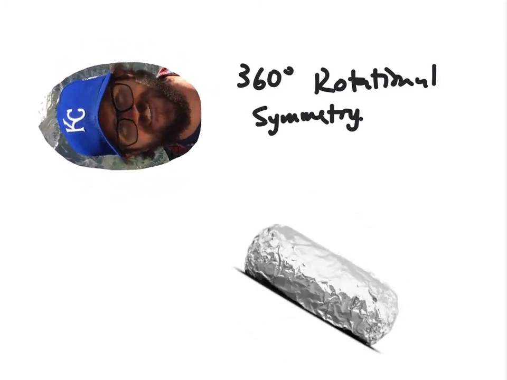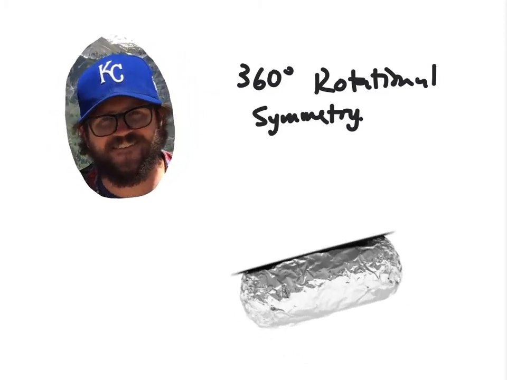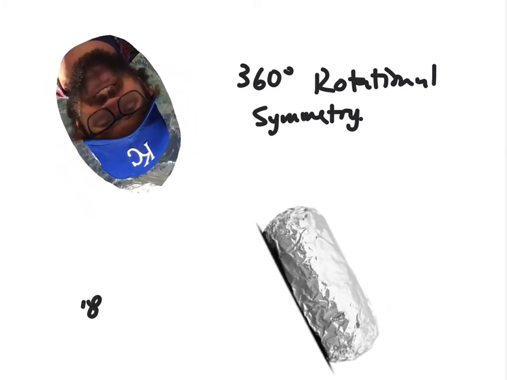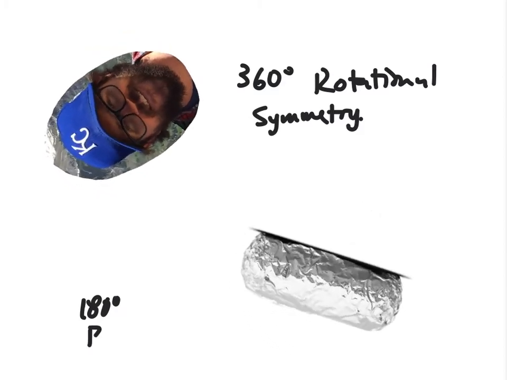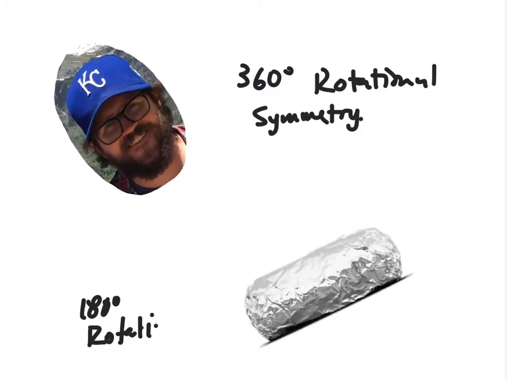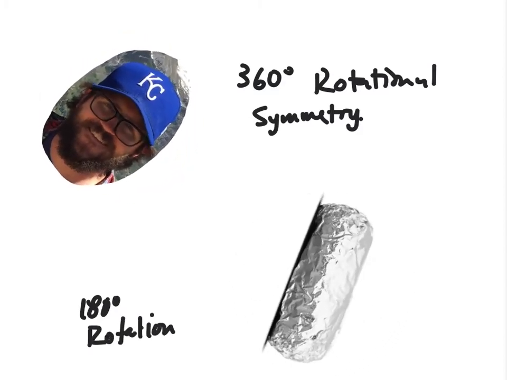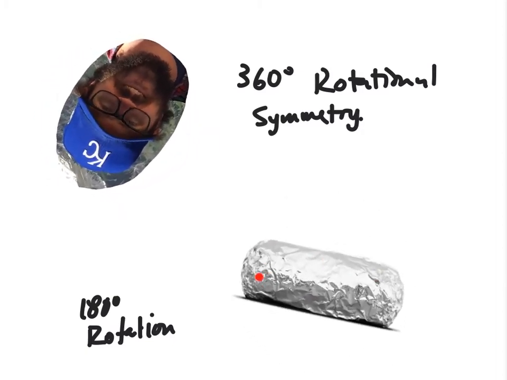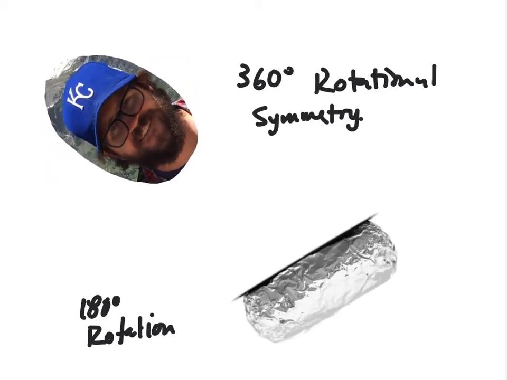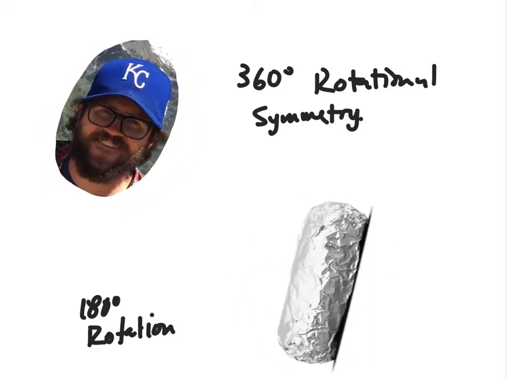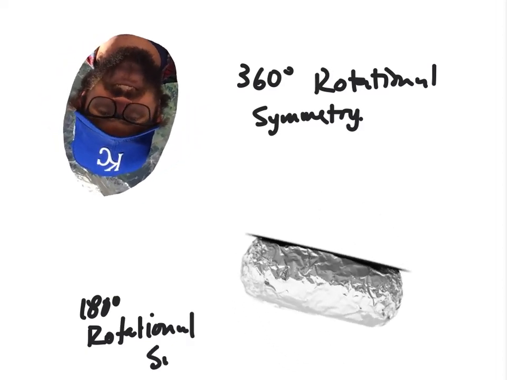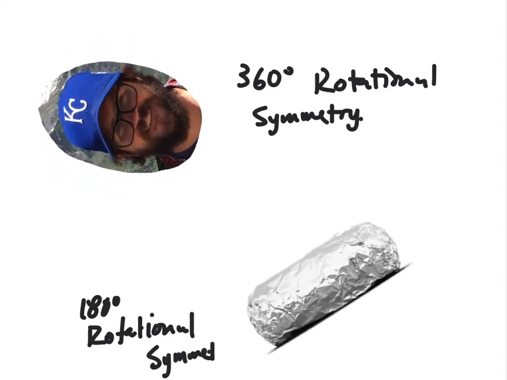I know a Chipotle burrito isn't exactly congruent, but this has 180-degree rotational symmetry. So every time it goes a half turn, you're back at where you started. If you start here, at 180 degrees, you're going to be back to where you started. So this is 180-degree rotational symmetry.